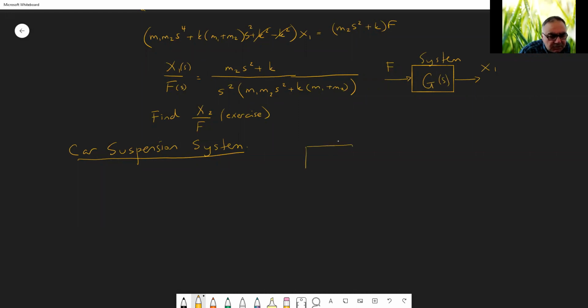So you have a car suspension system. Let's say you have a car mass M2. This is actually a quarter of a car. Let's say 1/4 of the car is carried by a suspension system like this.